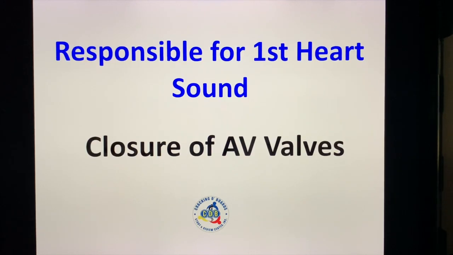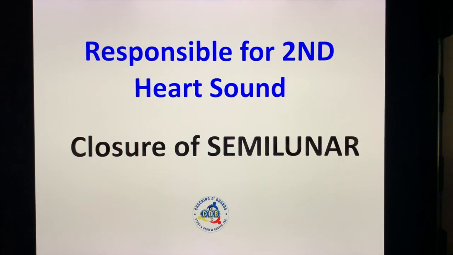Now, tip: the closure of the AV valves, which is the mitral and the tricuspid valves, is responsible for the first heart sound. Now, for those who have a very bad memory, AV valves, letter A, the first letter of the English alphabet, first, that's the first heart sound, letter A. Now, what is responsible for the second heart sound?